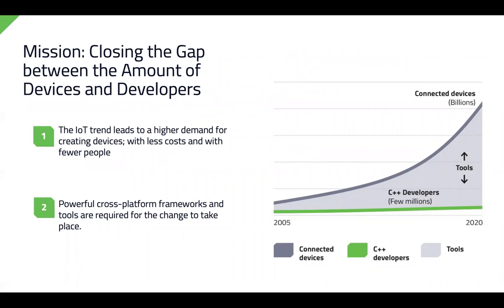This is what we've been trying to achieve by adding functionality to our frameworks, but also by adding more functionality to our tools, adding more tools that help you create those applications. And you'll hear quite a bit about the things we've been doing to help integrate designers into that workflow. But let's start off with Qt 5.12.